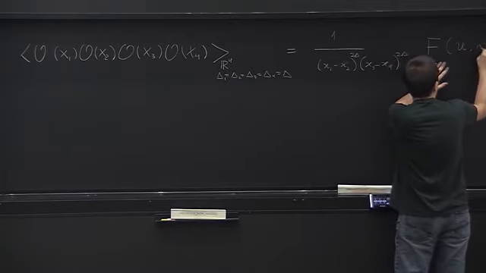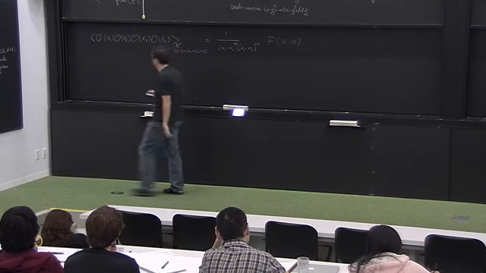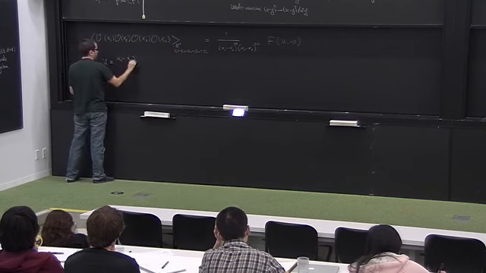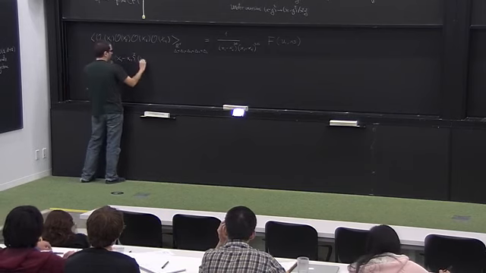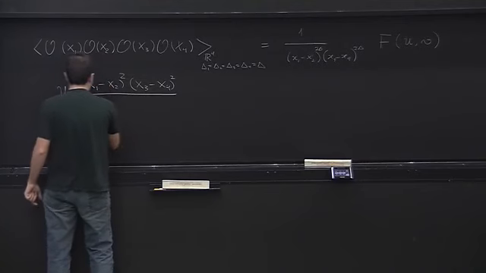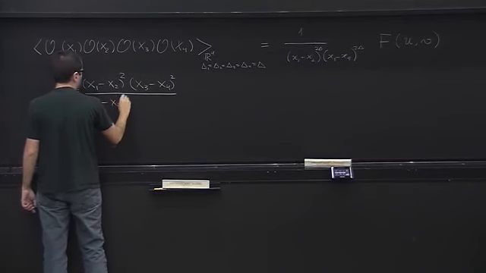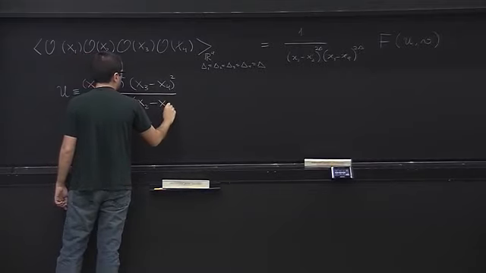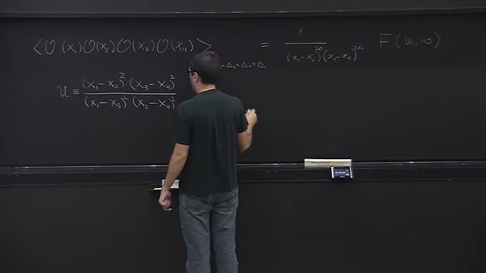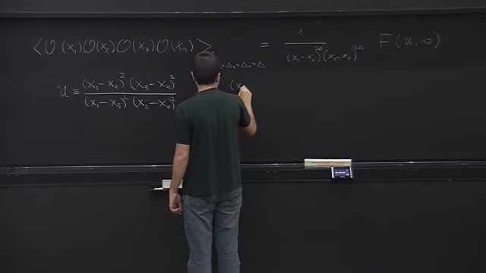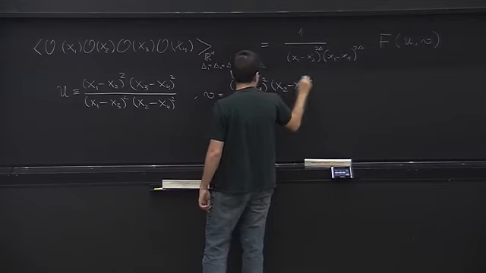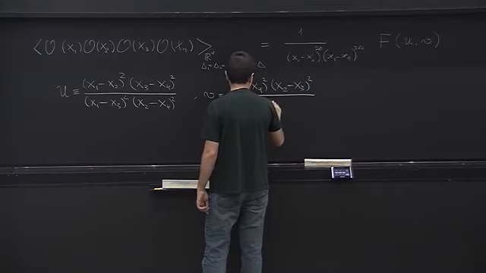And there are two things you can write, u and v, that are called cross ratios, where you define u as x1 minus x2 squared times x3 minus x4 squared divided by x1 minus x3 squared, x2 minus x4 squared, and a similar one for v that you write as x1 minus x4 squared, x2 minus x3 squared, divided by the same denominator.